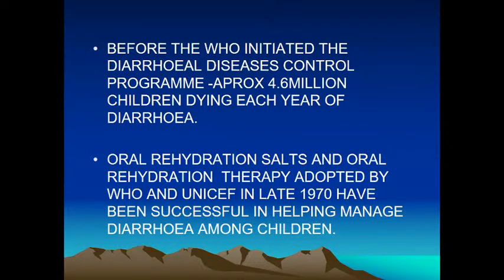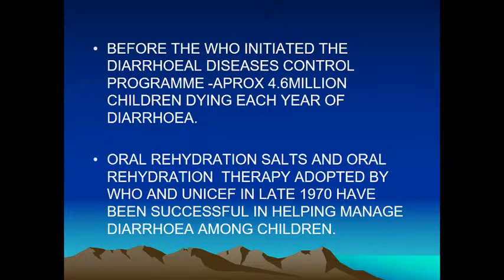Before the WHO initiated the Diarrheal Diseases Control Program, approximately 4.6 million children were dying every year. Now we have come down to about 3 million children. The revolutionary trend came when we used what is called appropriate technology. The appropriate technology was giving oral rehydration salts and oral rehydration therapy to the children. Really, it is the loss of fluids and salt, the dehydration, which is causing the death of the individual.